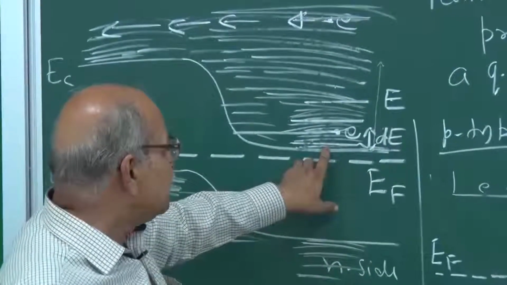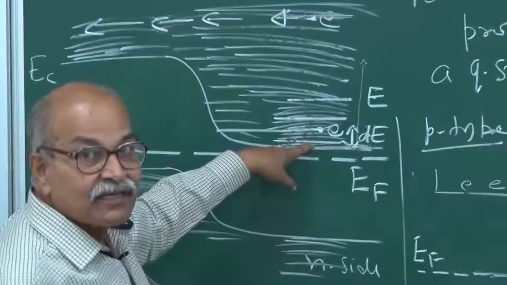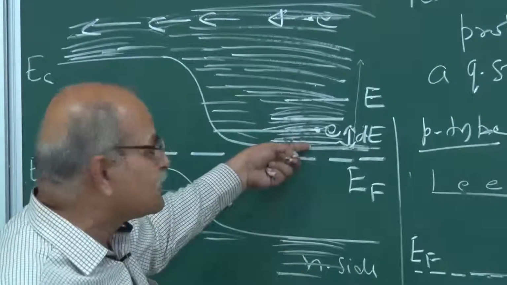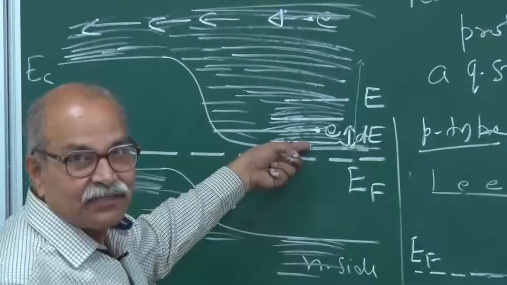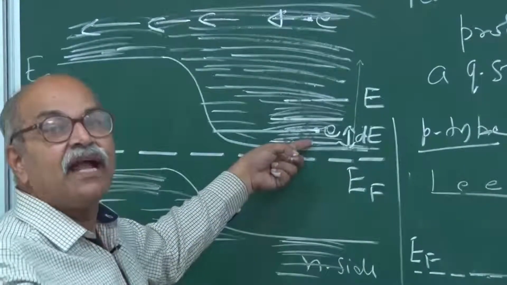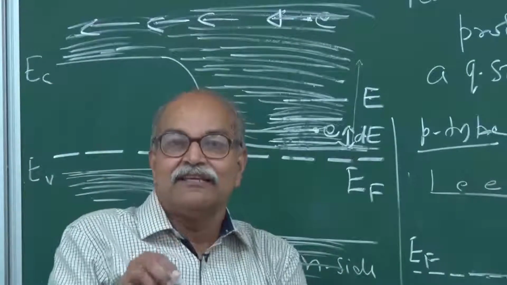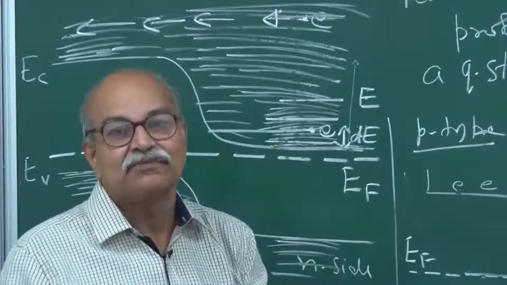The probability at the bottom of the conduction band is largest, but the number of quantum states there is smallest. Although the probability is very high, the number of quantum states in this dE is very small, so the number of electrons will be very small.